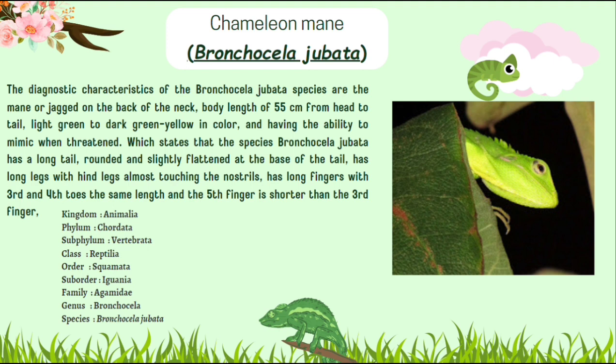We state that this species has a long tail, rounded and slightly flattened at the base of the tail, has long legs with hind legs almost touching the nostrils, has long fingers with third and fourth toes the same length, and the fifth finger is shorter than the third finger.